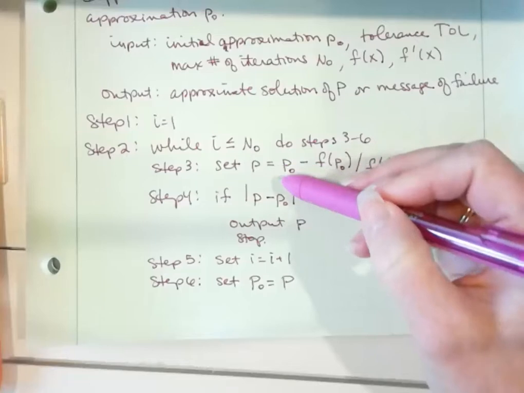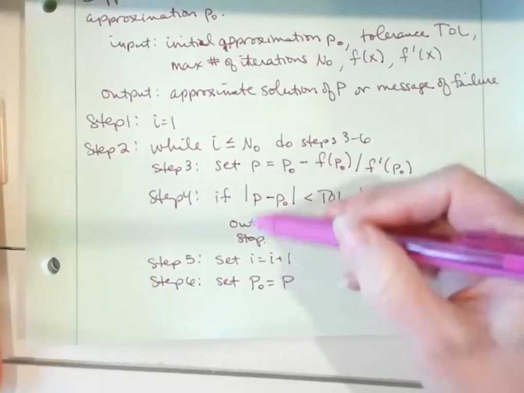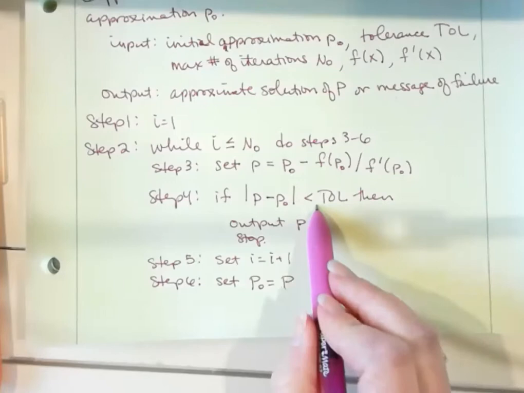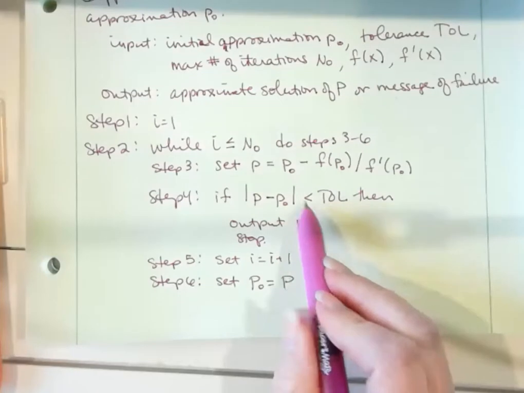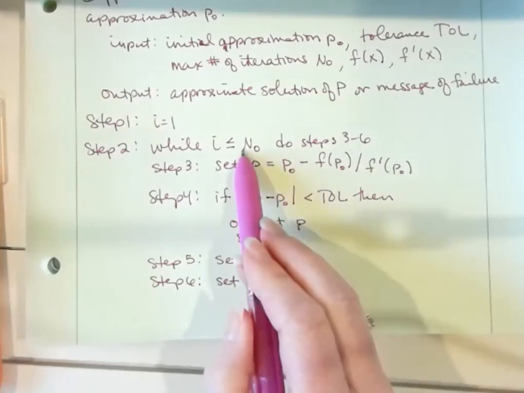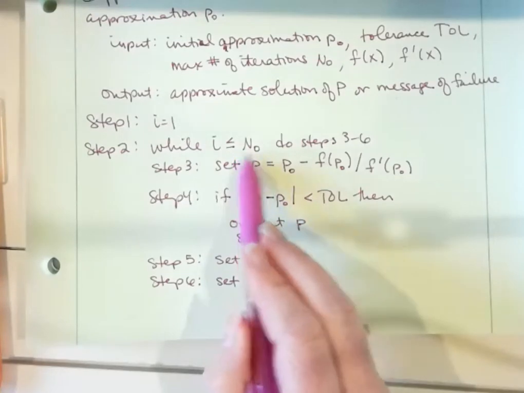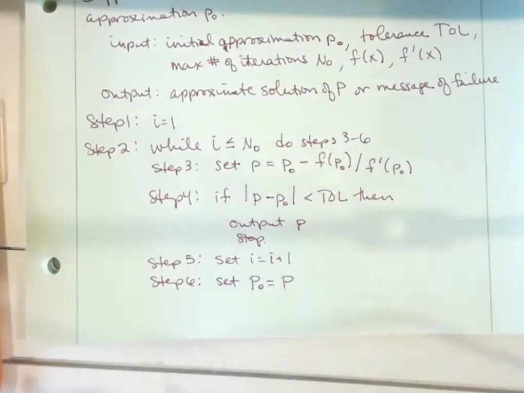So basically you'll keep doing these steps right here, steps 3 through 6, over and over again until you reach this tolerance requirement, or until you've reached the max number of iterations. If you reach the max number of iterations, though, something is not right. We shouldn't have to worry about that in this class with these problems that I'm going to give you.